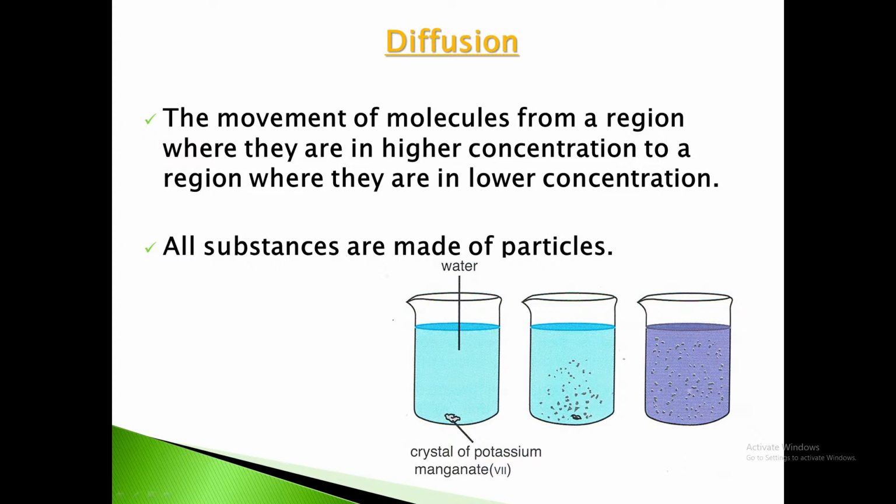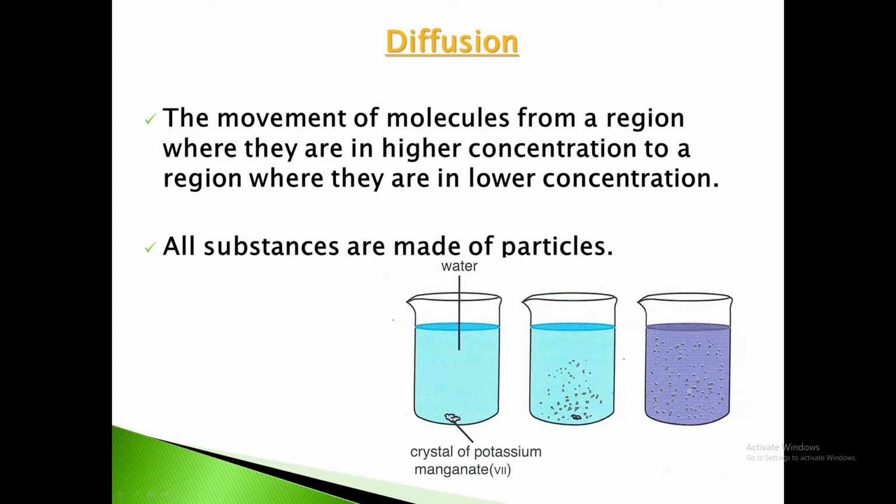Alright, so diffusion is the first one we're going to spend some time looking at. As for its definition, they are saying that it is the movement of molecules from a region where they are in higher concentration to a region where they are in lower concentration. All right.